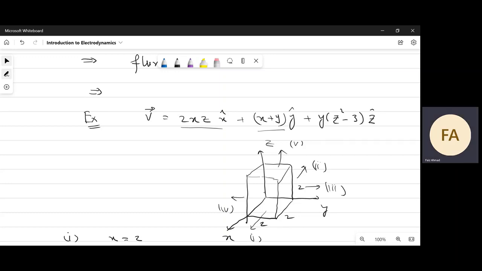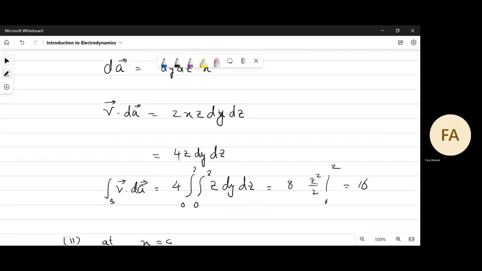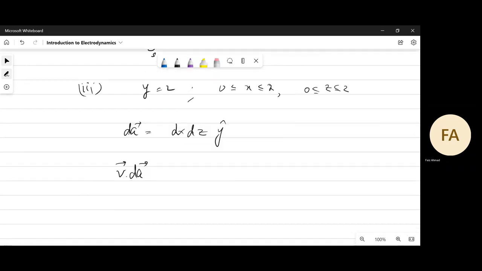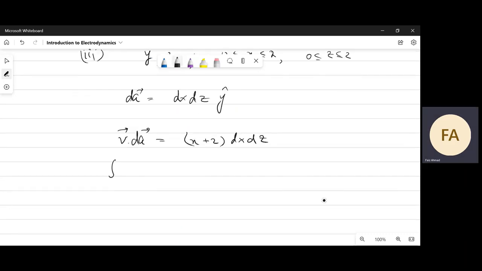I made a mistake here. It's x plus 2. So taking the dot product will return x plus 2 dx dz, and we have to perform integration again.